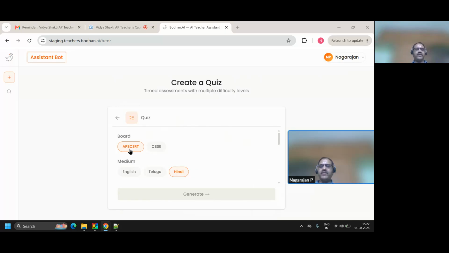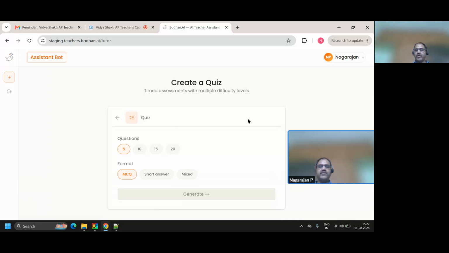This APS-CRT board is added, and then the medium of teaching, then the subject, then grade, the topic, MCQ difficulty level, easy, medium or hard, how many questions, and what is the format of the quiz, MCQ or short answer or mixed.